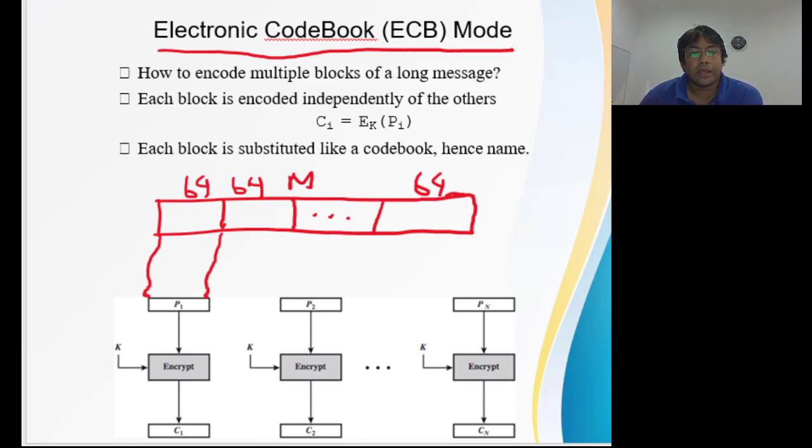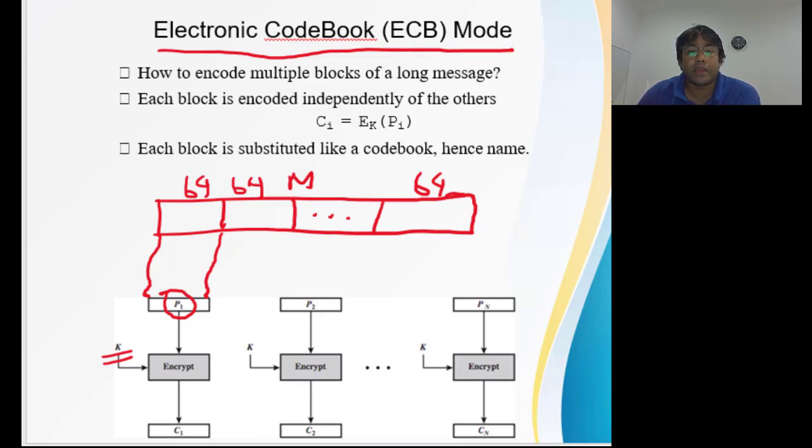we take the first block of plain text, let's call it P1, and then we perform the encryption operation with a key. Here we can use any block cipher technique.